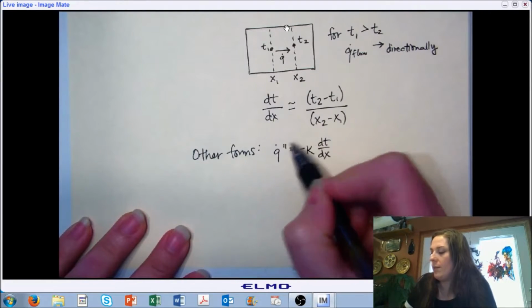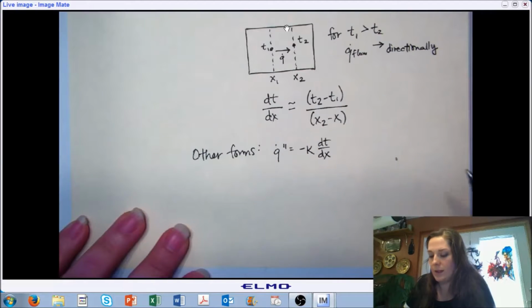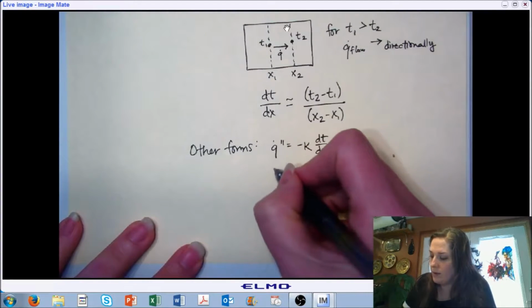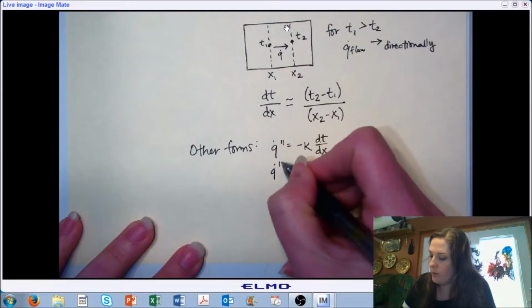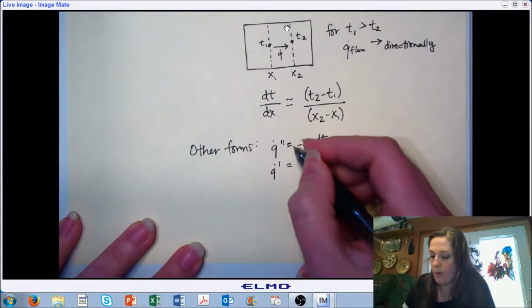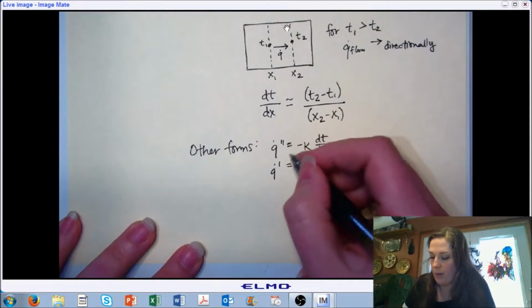In this case we have these apostrophes, in this case there are two, and they serve to signify whether you're doing things on a per area basis, a total energy basis, or a per unit of area basis.